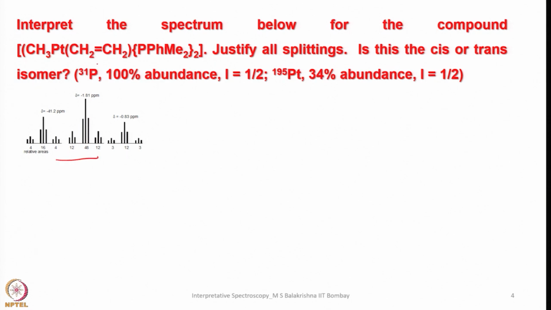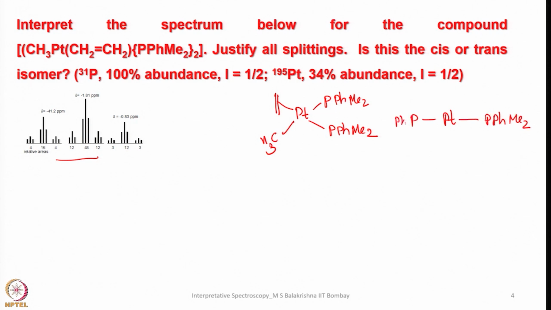So, let me first write this one. Platinum, I can write P, PMe2Ph, and this ethylene. So, the other possibility is this.